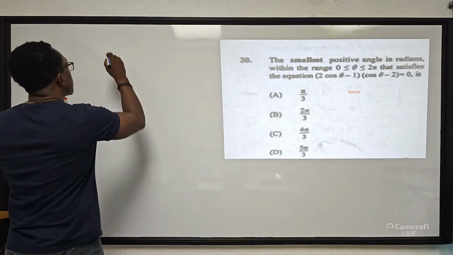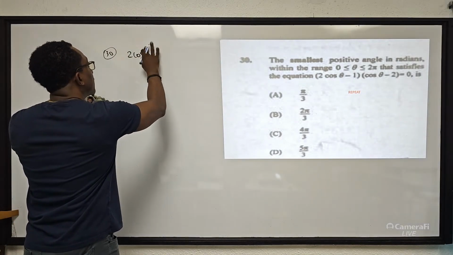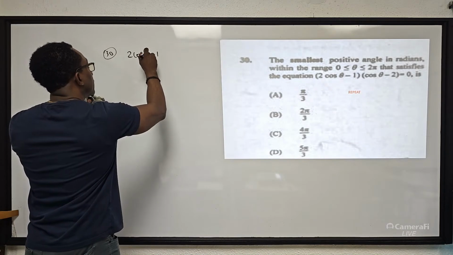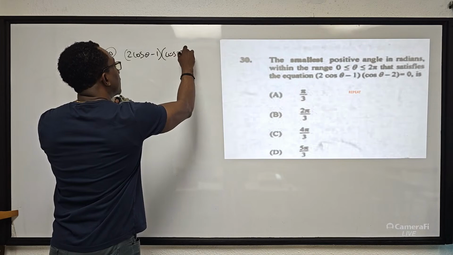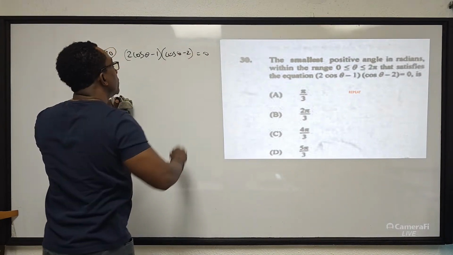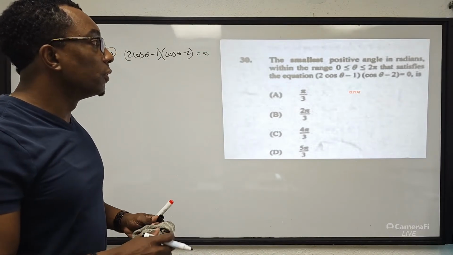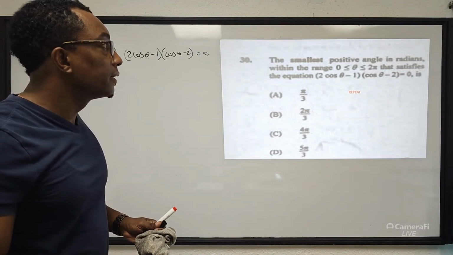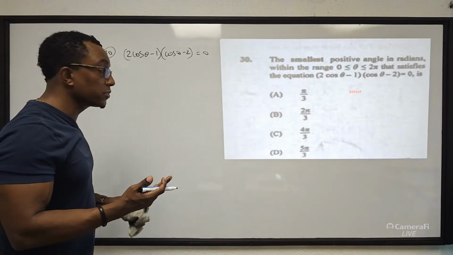So 30, we have 2 cos theta minus 1 and cos theta minus 2 is equal to 0. So that is a trig equation. And what we want to do is to find the smallest positive angle that satisfies it. Good? But in radians, right?